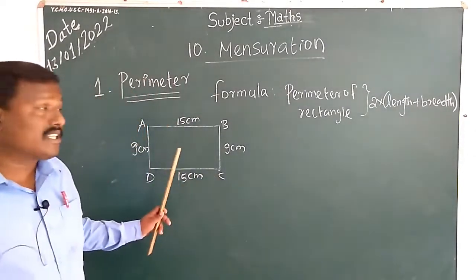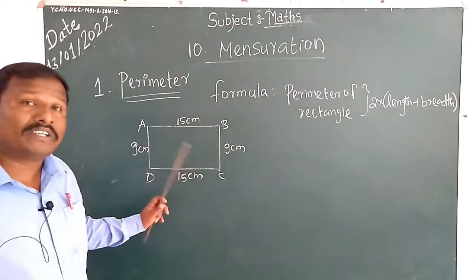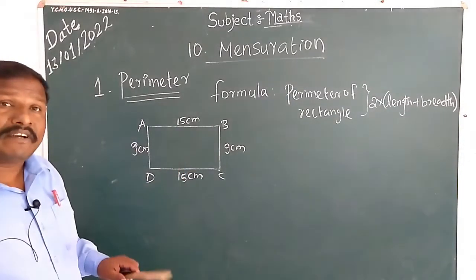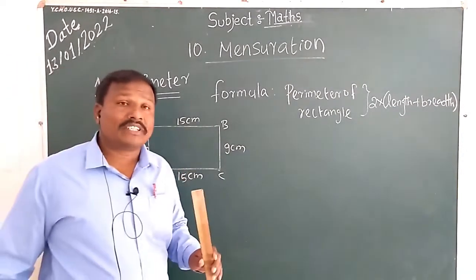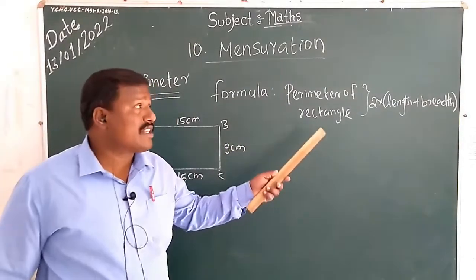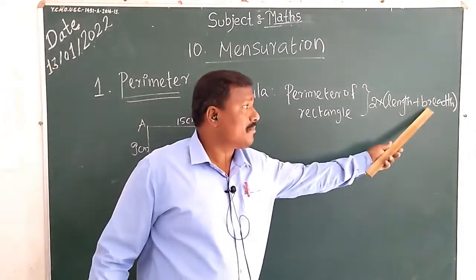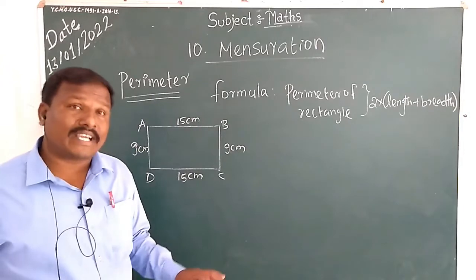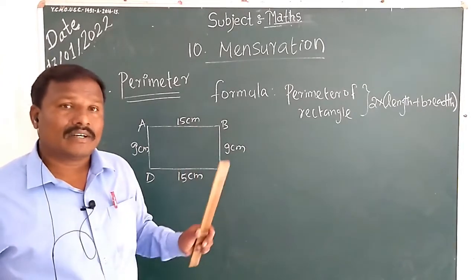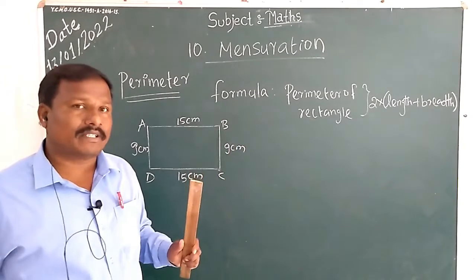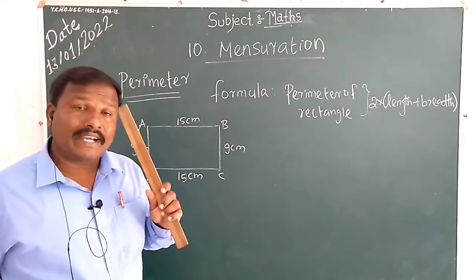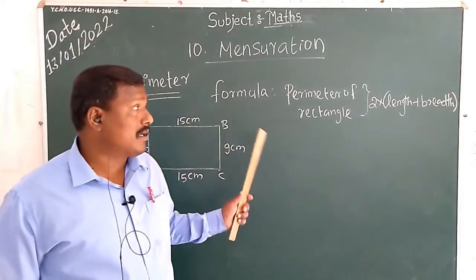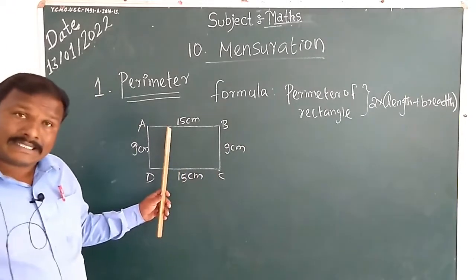For a rectangle we need two measurements. If you want to find the perimeter of a rectangle, they will give two measurements, one is length and one is breadth. If they want the perimeter of a square, they will give only one measurement, because all four sides are equal. Keep this in mind. Suppose they give two measurements, for example 15 centimeter length and 9 centimeter breadth.